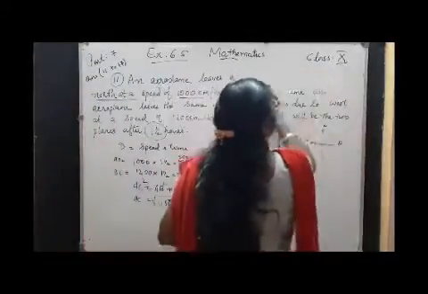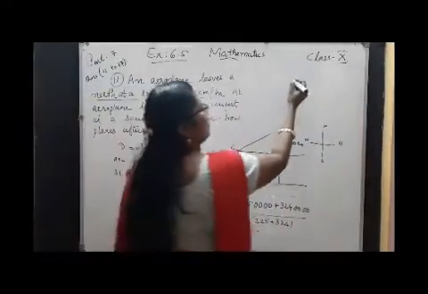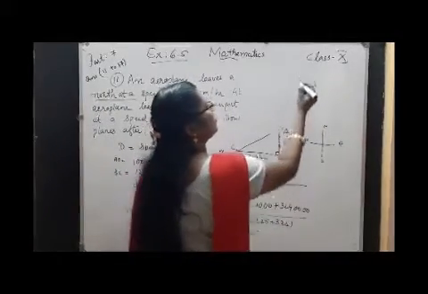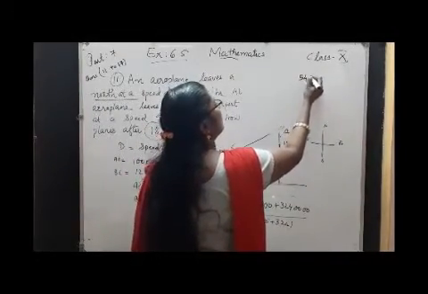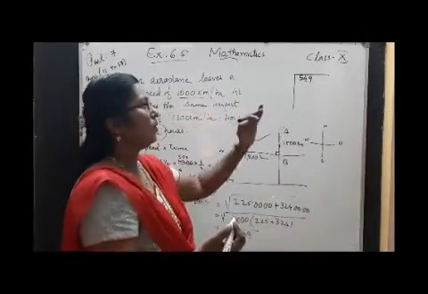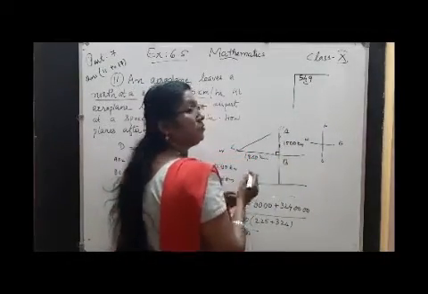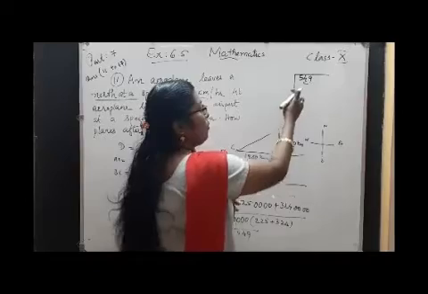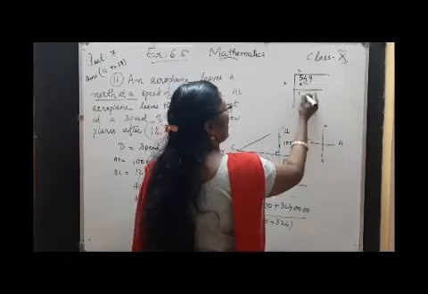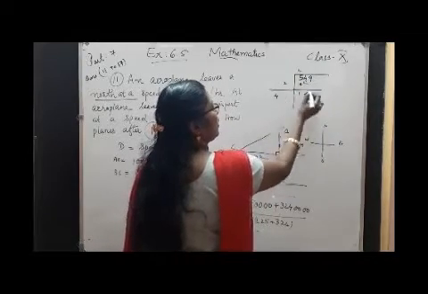Here, 549. First of all, group pairwise from right to left. Then find a perfect square below 5. 2 2's are 4. 1 balance, 49. 2 into 2 is 4 here.